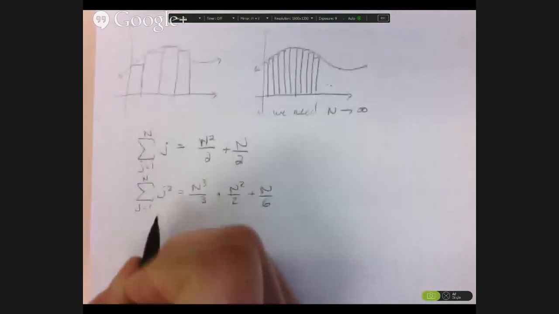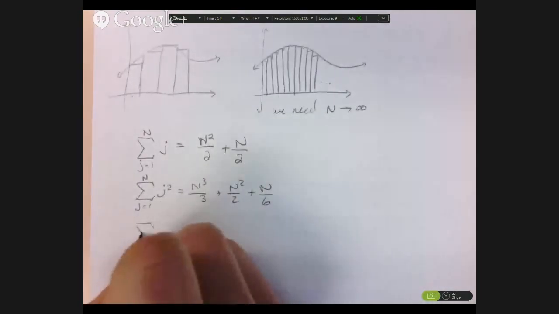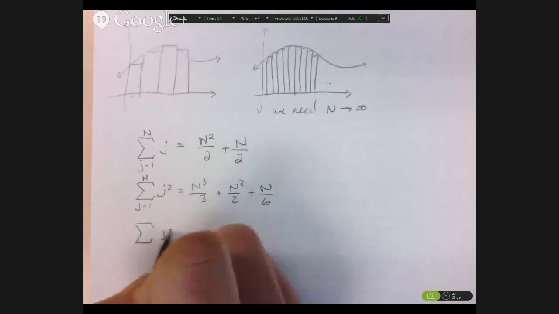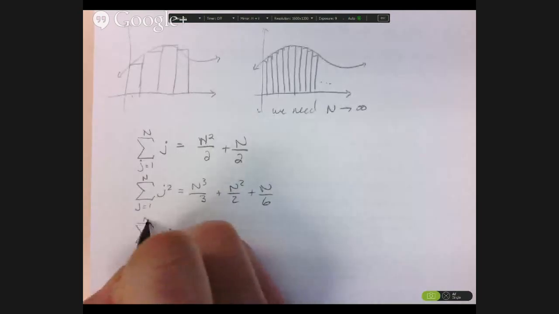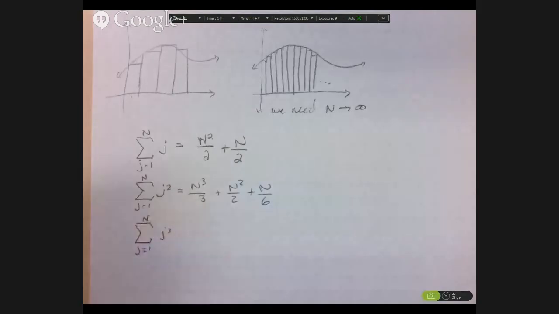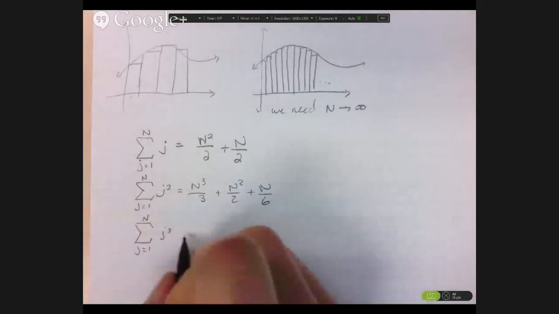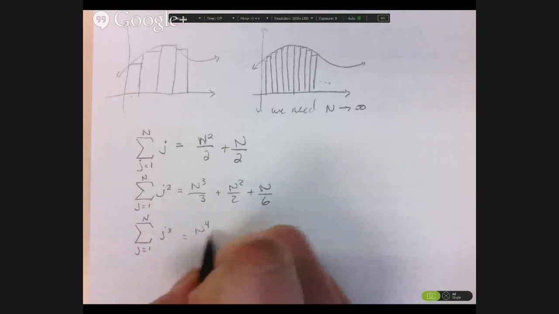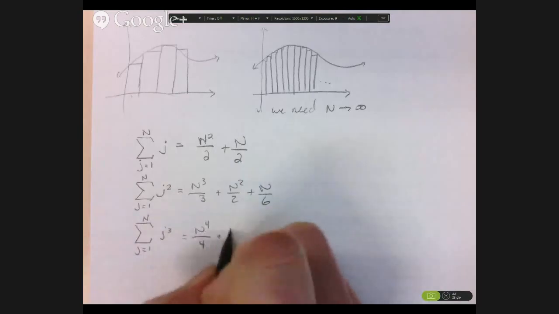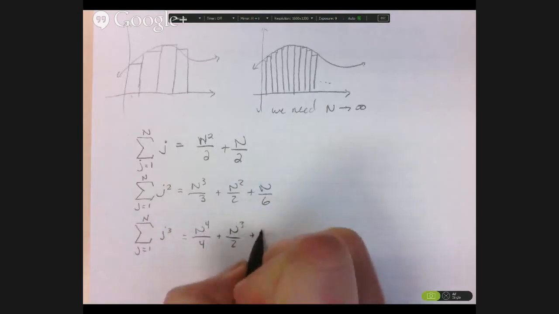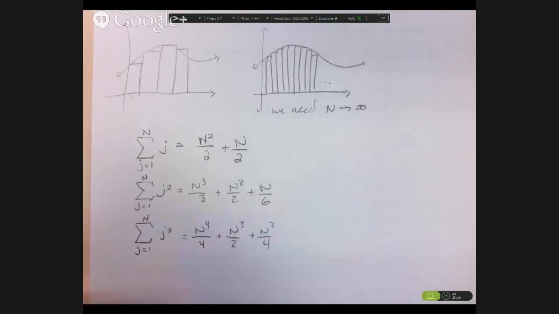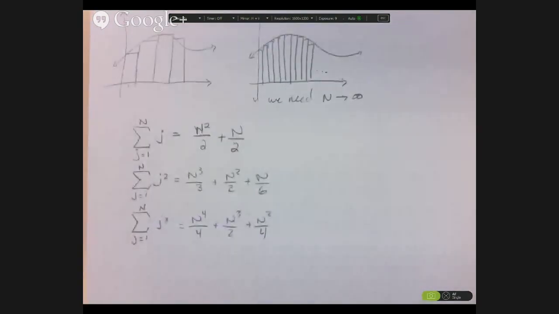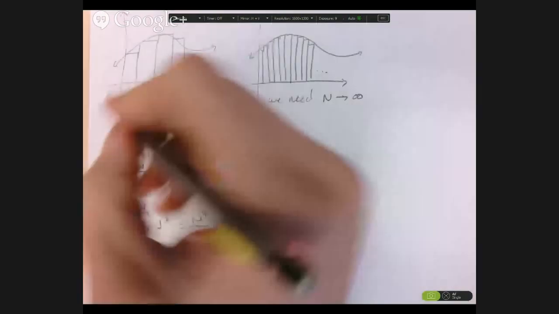And then there's j cubed. Okay, those are the three we're going to use mostly. They're called power sums.